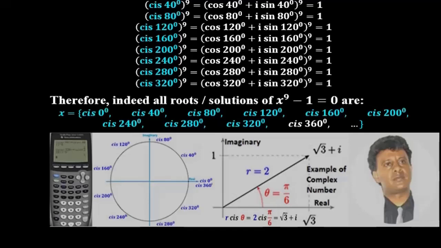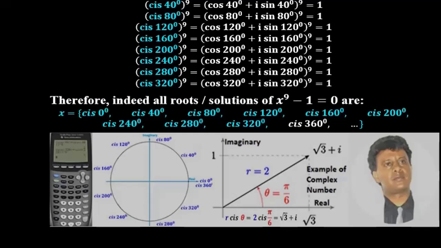And that is 2 cosine 30 degrees, 2 times square root of 3 over 2. So 2 cancels 2, that gives us square root of 3. And that's the real part. Then 2i sine pi over 6, which is 2i sine 30 degrees, is 2i times 1 over 2. 2 cancels 2, that is 1. 1 times i is i.